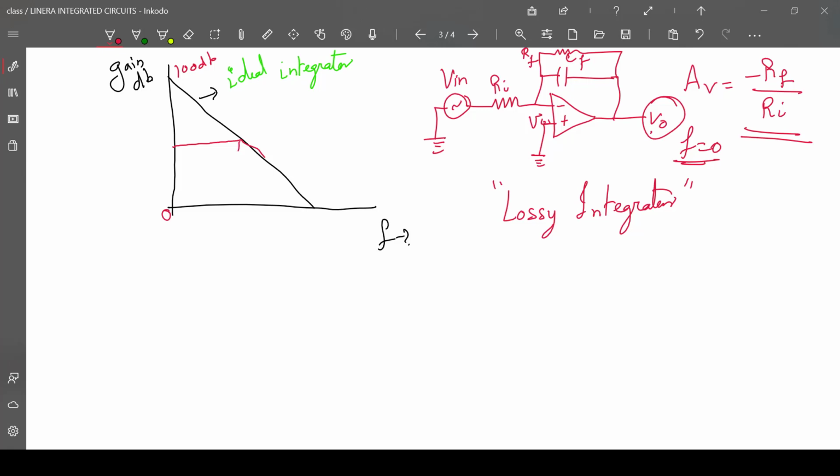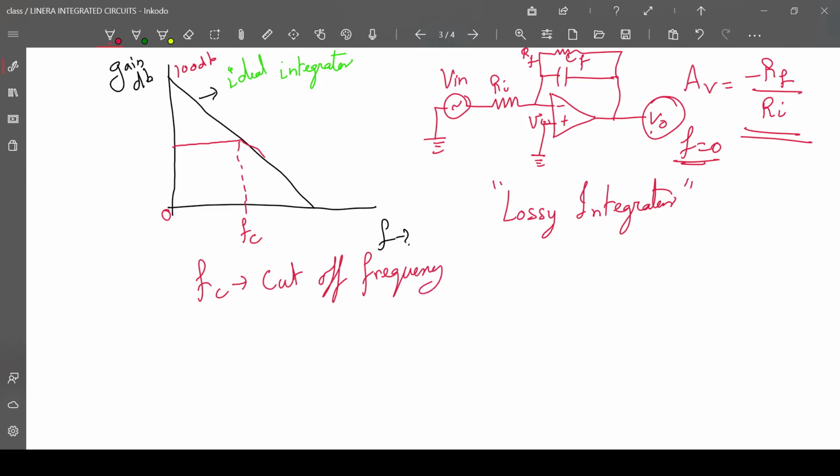Up to this frequency level, the integrator will produce a constant gain. After that, the gain will reduce as the frequency increases. This level will be called the corner frequency, or cutoff frequency. This Fc can be considered as corner frequency or cutoff frequency.